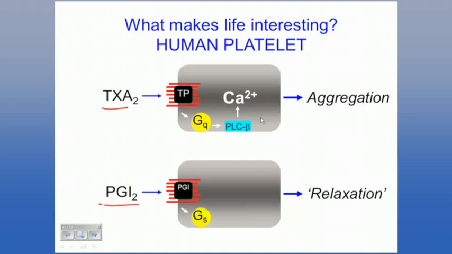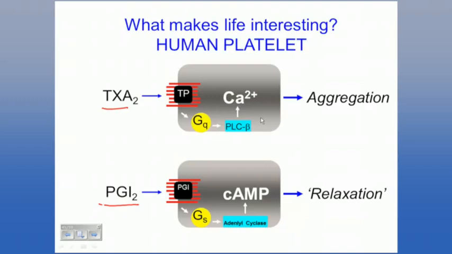Prostacyclin, on the other hand, is linked to Gs, and I think you're probably getting the hang of this now. Think ahead of me. What is the effector? Yes, you're correct. It's adenyl cyclase. What does adenyl cyclase result in? An activation of a second messenger pathway, which invokes, you are correct, cyclic AMP, and the natural pharmacodynamic effect as a result of this activation is relaxation or inhibition of platelet aggregation.